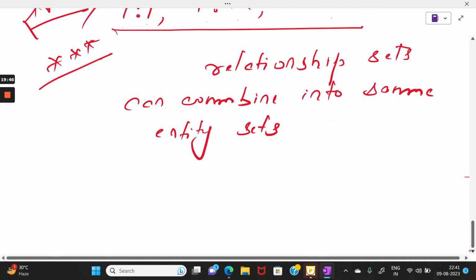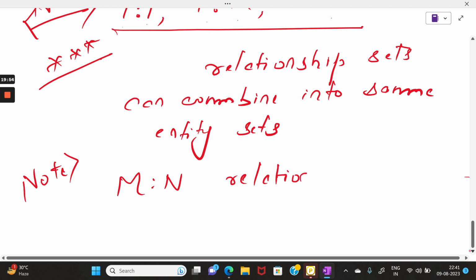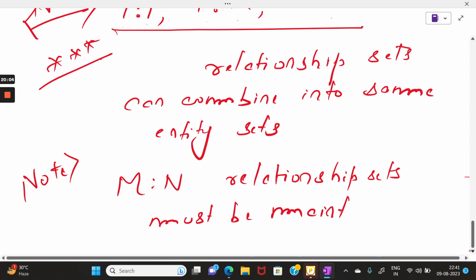But if we have the second note, if we have an M is to N relationship set, it must be maintained as a separate RDBMS table.